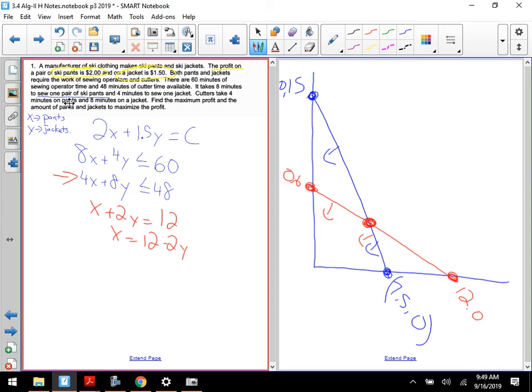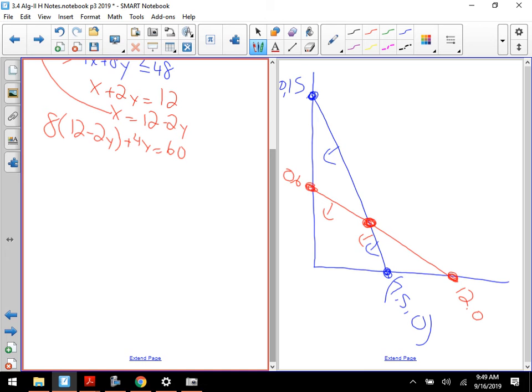So if I use substitution here, I get 8 times 12 minus 2y plus 4y is 60. It's okay. Don't worry about it. It's not the end of the world.